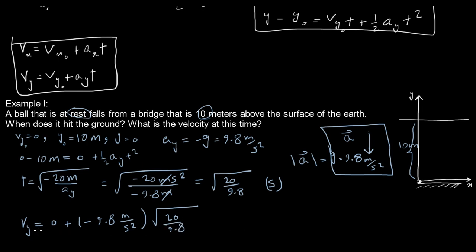So therefore the velocity is, and there is a second here, so this second and one of these seconds cancel out, therefore velocity vy equals negative, and the negative is because the object is going downward, so it is consistent, 9.8 times square root of 20 over 9.8 meters per second, and seconds and second square cancel, so we get 1 over second.